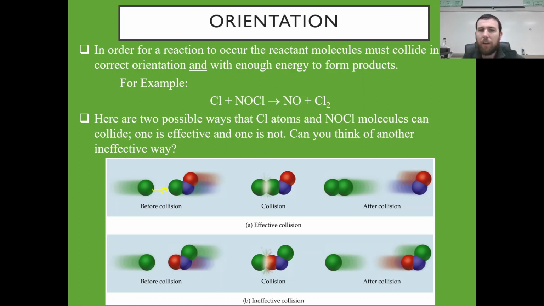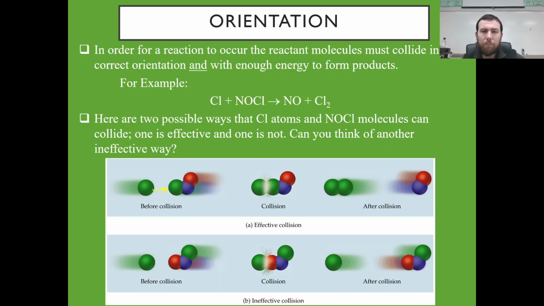So the chlorine atom comes in, it hits, and we're able to see that it reacted. After the collision, the bond breaks between nitrogen and chlorine, and the chlorine is free to move on.